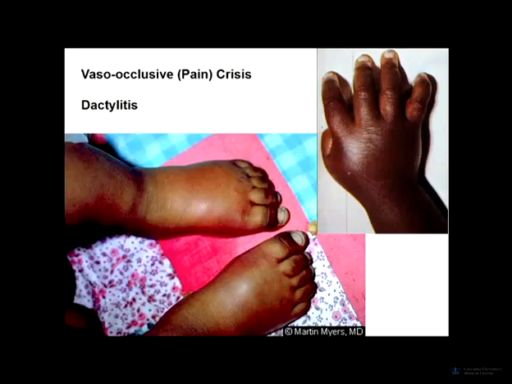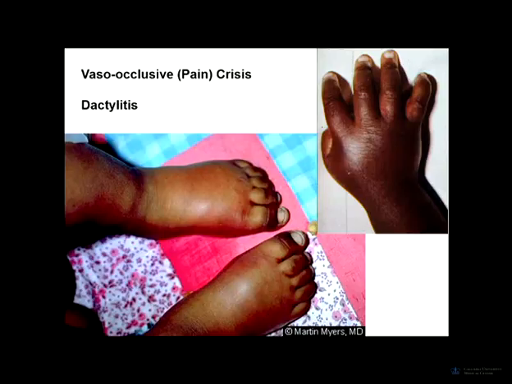When vasoocclusion occurs in the bone marrow, it causes pain because you have fibers in the bone marrow that are extremely sensitive to pain. So when you have bone marrow infarction, this results in swelling and pain.